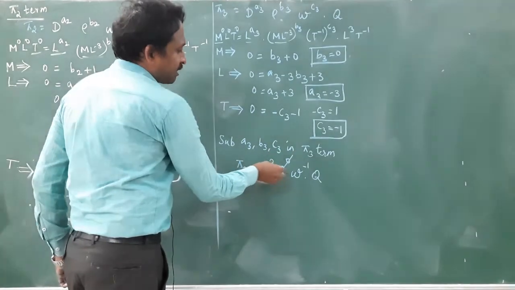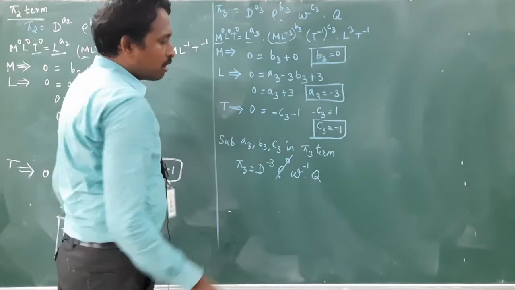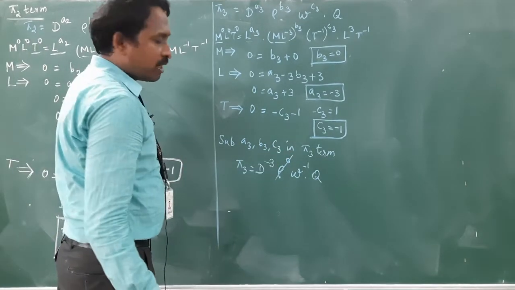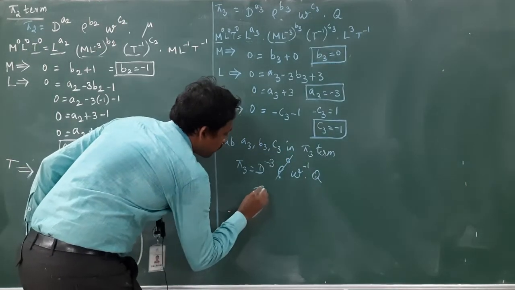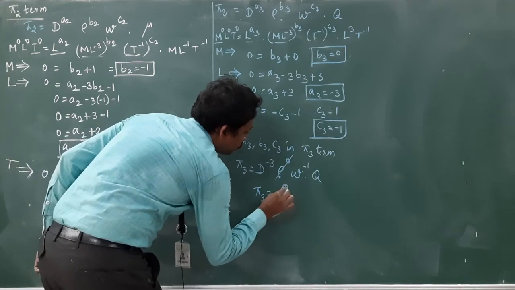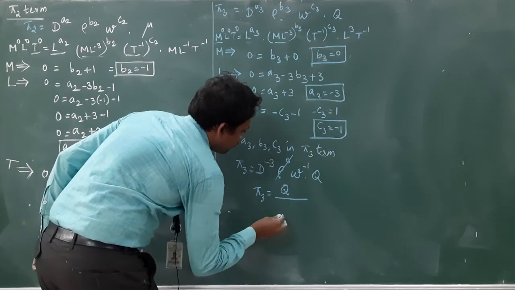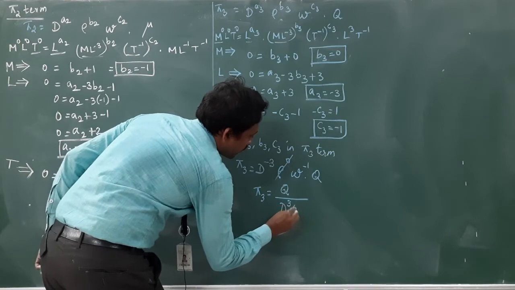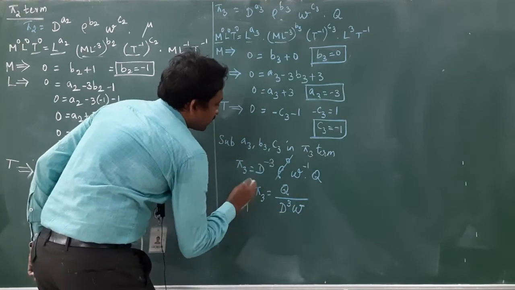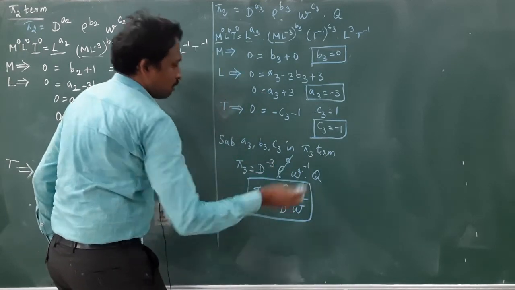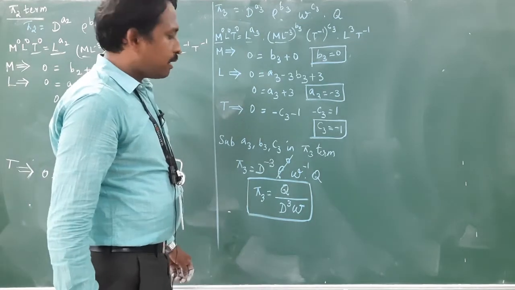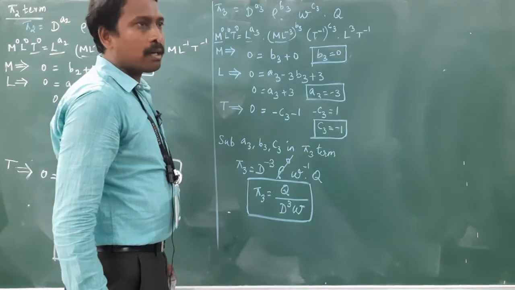D power is minus 3 and omega power is minus 1, so I can write them in the denominator. The pi 3 term will become Q divided by D cube omega.